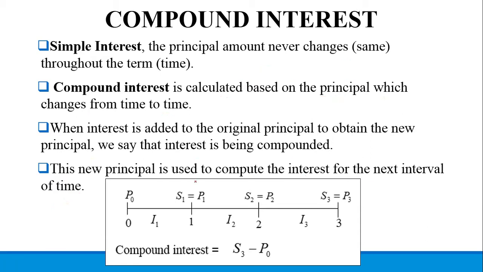Let's say for this case, suppose that you want to calculate over 1, 2, and 3 years. Let's say in 3 years, how is the interest calculated? Starting from P0, you get the first interest, which is I1, and S1 equals P0 plus I1. This S1 will become P1.